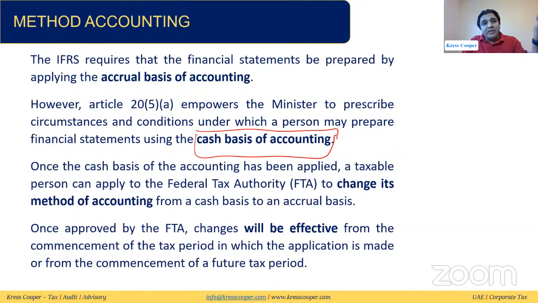And if a business is preparing financial statements by applying any method and wants to change the method and go back to the accrual method, in this situation, they need to take approval. Once it is approved, this approval will be effective from the commencement of the tax period in which the application is made, or from the commencement of a future tax period.